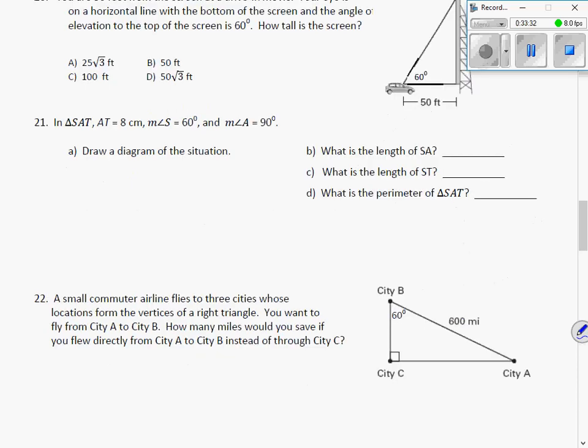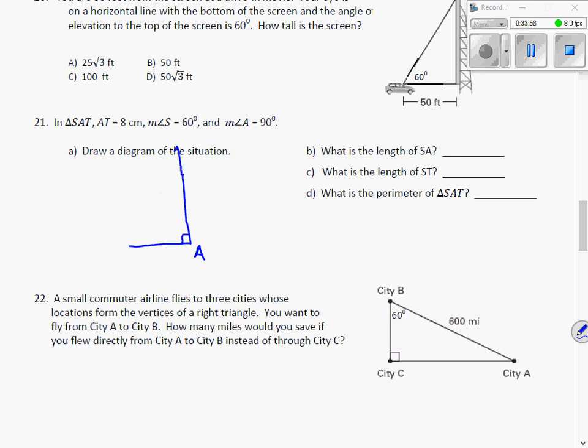Draw a diagram. Angle S is 60, so I'm going to try to make it somewhat right. 60, there's S. Angle A is 90. I didn't make it right. Strike it. A, 90.